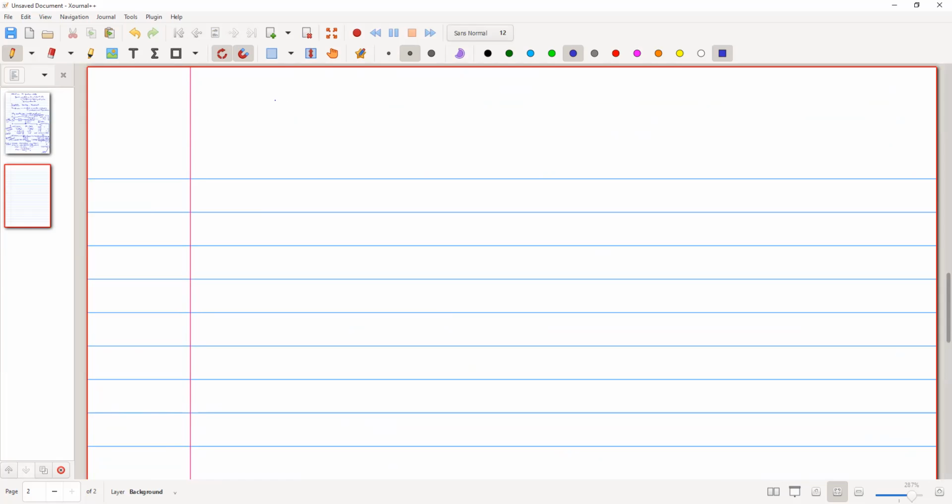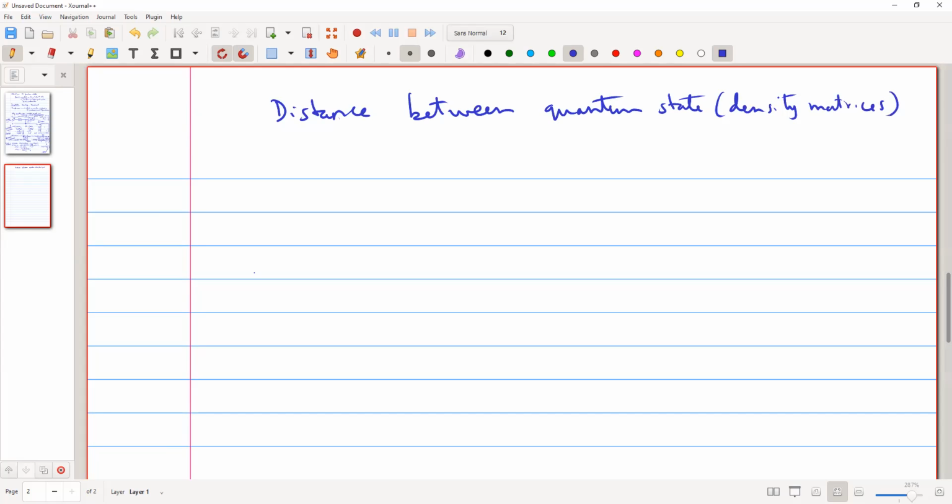So now we're going to an important topic, which is distance between quantum states. So a general quantum state, remember, we are modeling as a density matrix. So slowly we're getting into information here now.